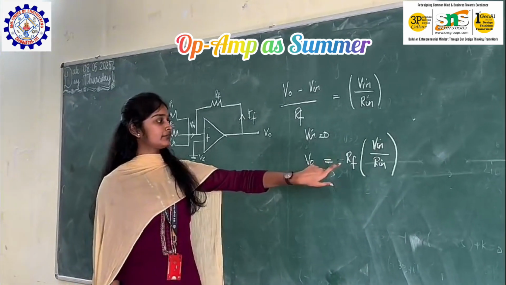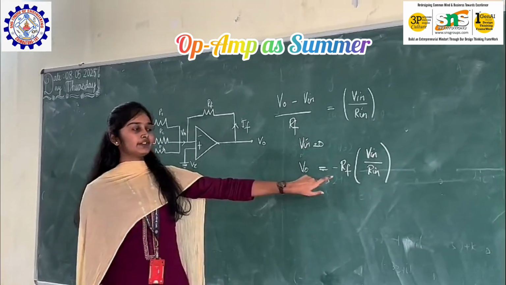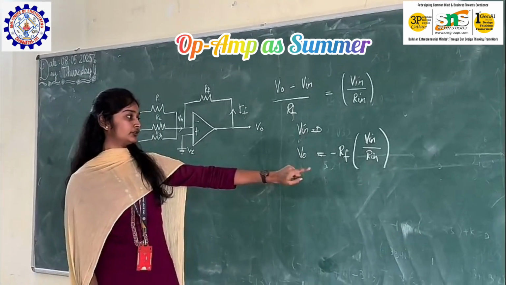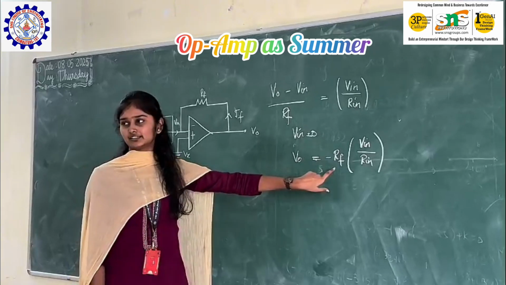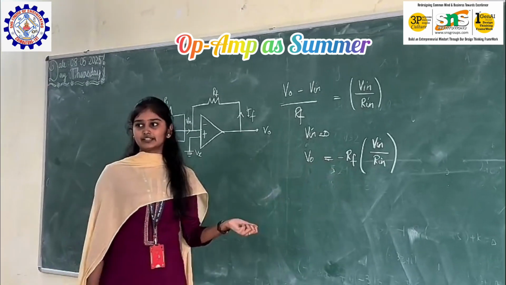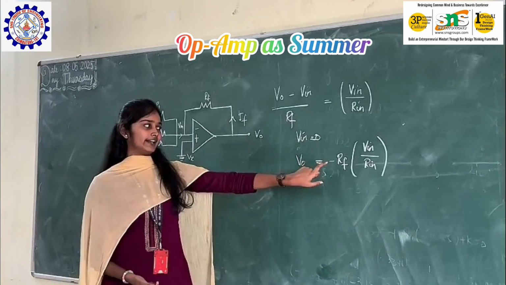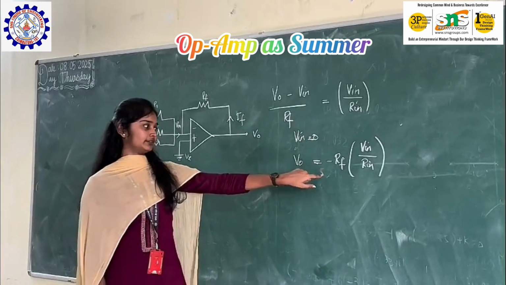We represent the minus because the feedback from the output goes to the inverting terminal. When the inverting terminal attains a gain, it represents the negative, so we use the negative symbol.